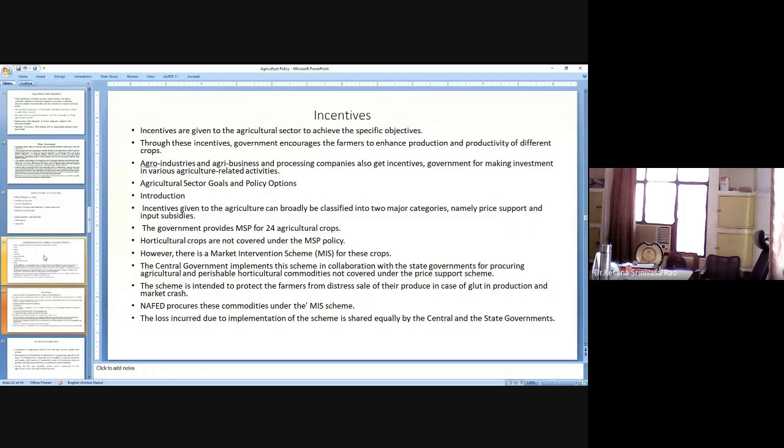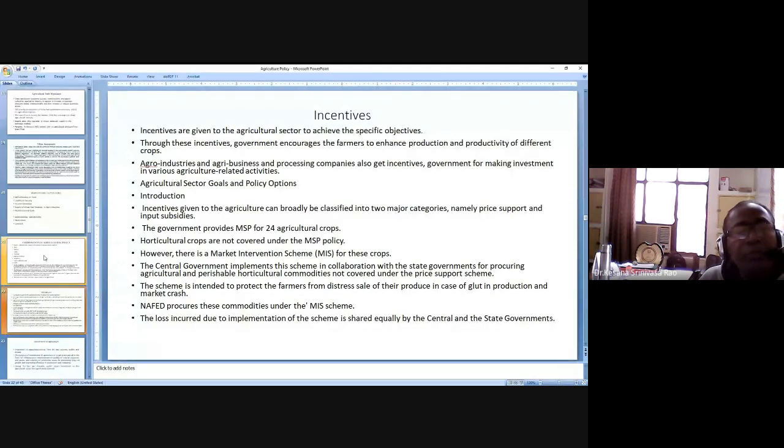Agro industries, agri business and processing companies also get incentives from the government for making investment in various agriculture related activities, because incentives will be given for crops producing good raw material for processing, which can be useful for the agro processing industries. They are likely to get such incentives.